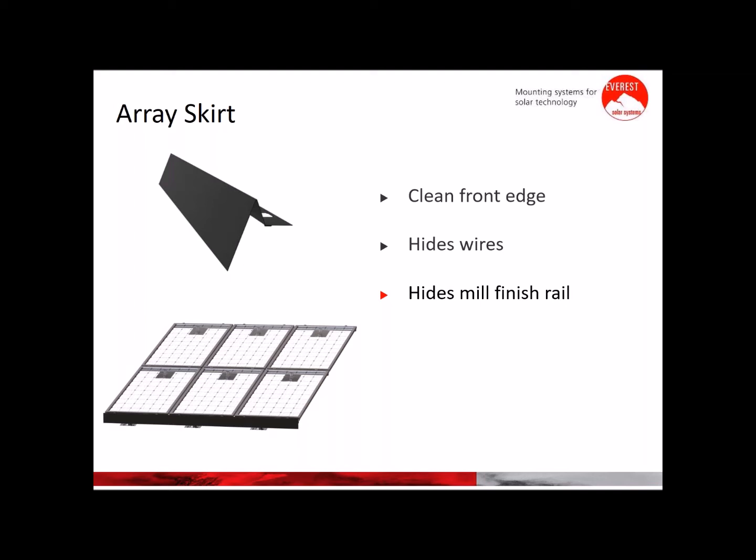So the array skirt is installed at the bottom of your array, and it is installed with our end clamps. So no additional hardware. The array skirt has already been pre-spaced, and it is stackable for shipping. And it is 40 inches, and it works with the modules in portrait or landscape.